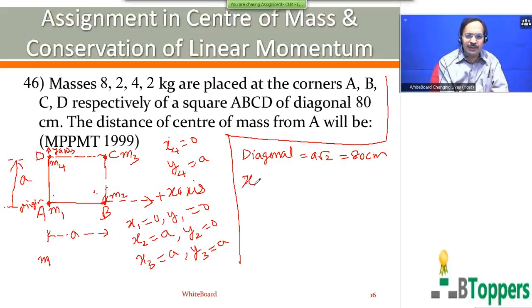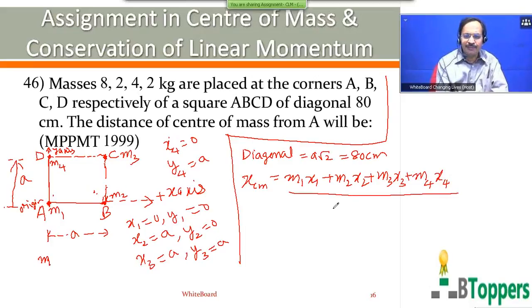So the x coordinate of the center of mass of the system of the 4 masses, we can write as M1 x1 plus M2 x2 plus M3 x3 plus M4 x4, divided by M1 plus M2 plus M3 plus M4.